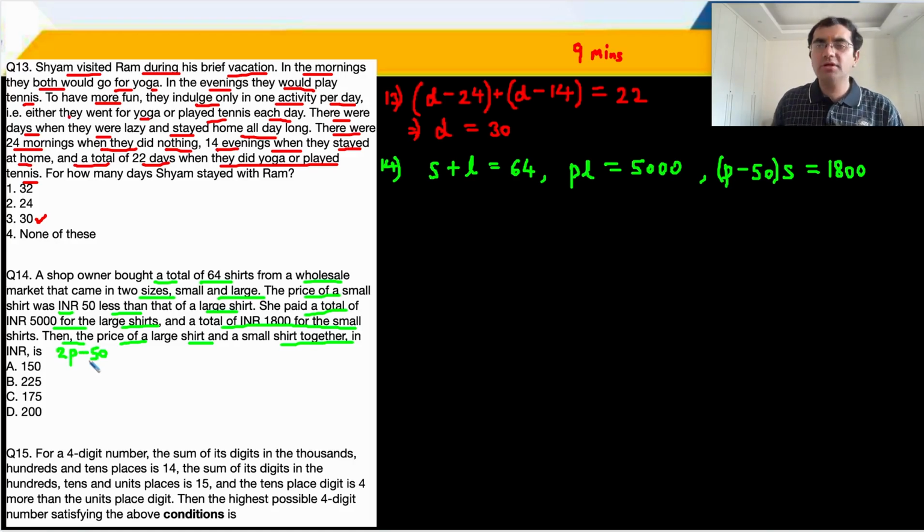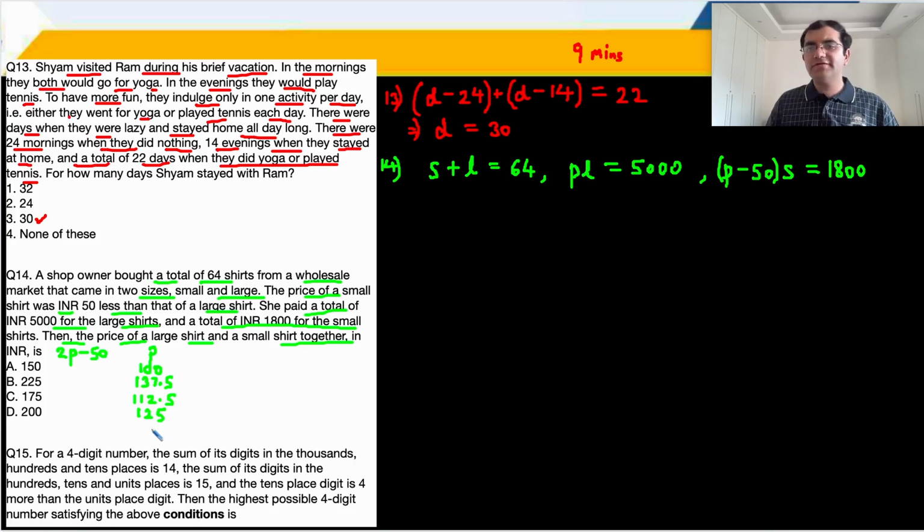In the options, the values given to you are the price of a large shirt P and small shirt P minus 50, which is 2P minus 50, and from there let us find P. So 150: 2P minus 50 is 150, 150 plus 50 is 200, 200 upon 2 is 100. 275 upon 2 is 137.5. 175 plus 50, 225 upon 2, 112.5. 200 plus 50, 250 upon 2, 125.